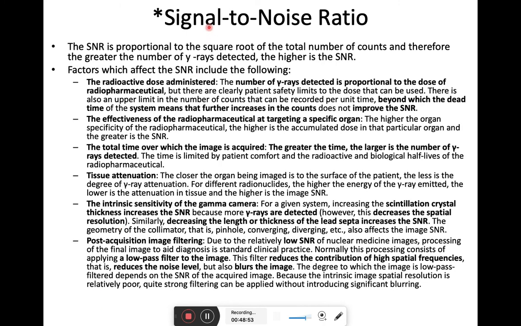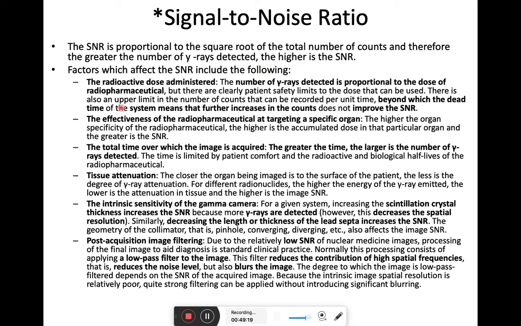In terms of SNR, for NMI the SNR is proportional to the square root of the total number of counts. Therefore, the greater the number of gamma rays detected, the higher the SNR.